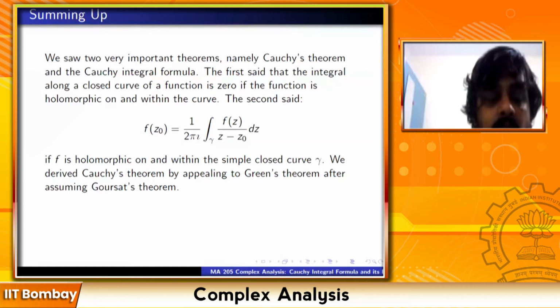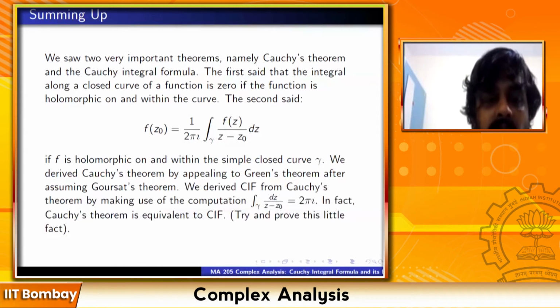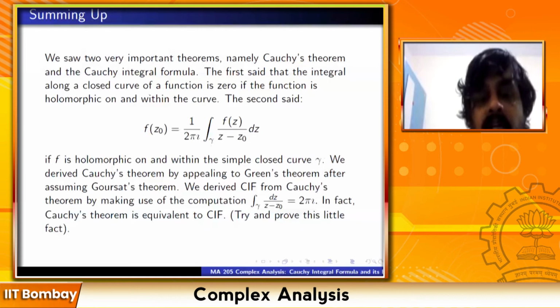We then derived Cauchy's theorem by appealing to Green's theorem, after assuming Goursat's theorem and the continuity of the partial derivatives. And we derived Cauchy's integral formula from Cauchy's theorem by making use of the computation that the integral of dz by z minus z naught along gamma is equal to 2 pi i.